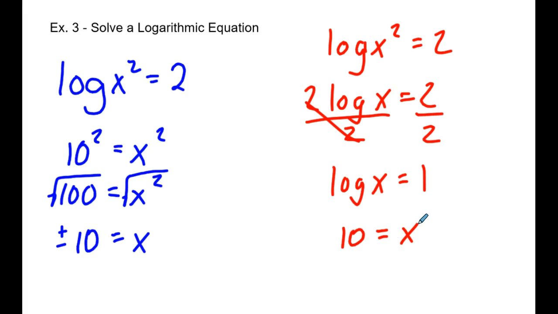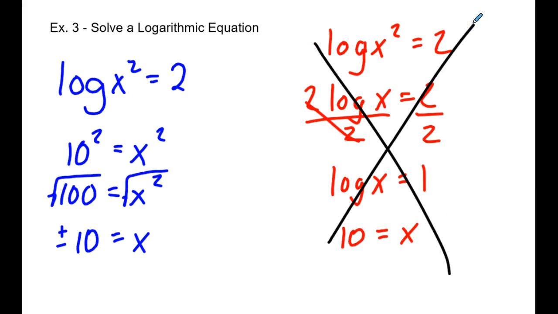And if you notice, we get two different answers. Well, kind of. On the left side, we had two answers, plus and minus 10. On the right side, using this method, we only get a result of positive 10. We cannot use that method using the power rule when solving this logarithmic equation, because when we go through that process, we get rid of that result of negative 10 when we simplify.